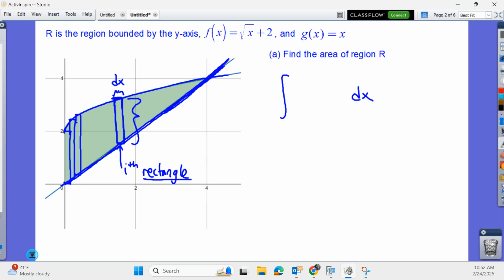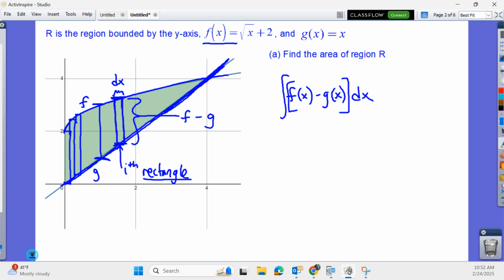Our top curve is f of x, and our bottom curve is g of x. So we just need to take f of x minus g of x to get that distance between them, to get the height of that rectangle. So this is f minus g. That's what I'm going to integrate, f of x minus g of x.